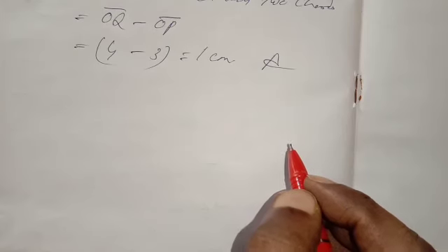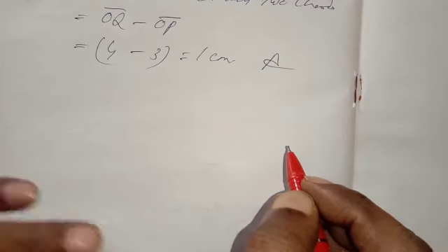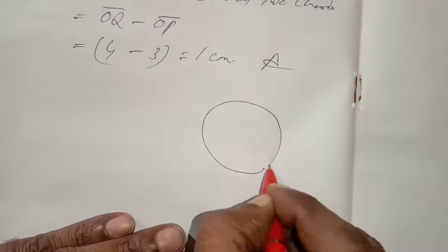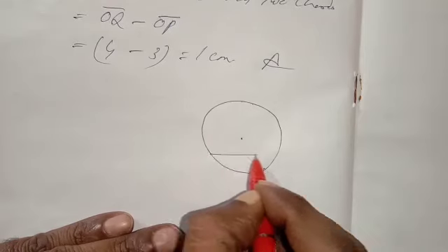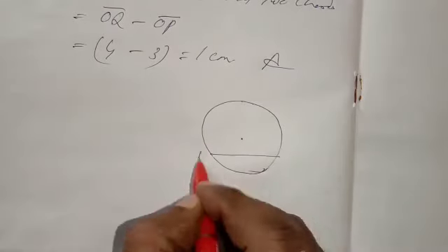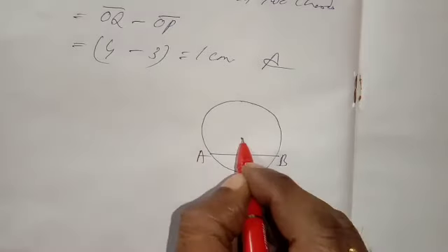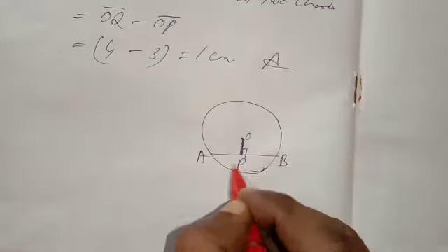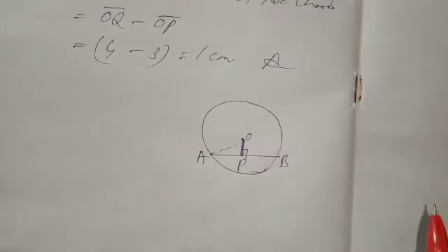See question number 4. It is given the chord of a circle of radius x centimeters. The radius of the circle is given as x centimeters. First draw one circle having radius x centimeters. You have to find out the length of the chord. Suppose the chord is AB, this is the distance OP, and this is the radius OA.